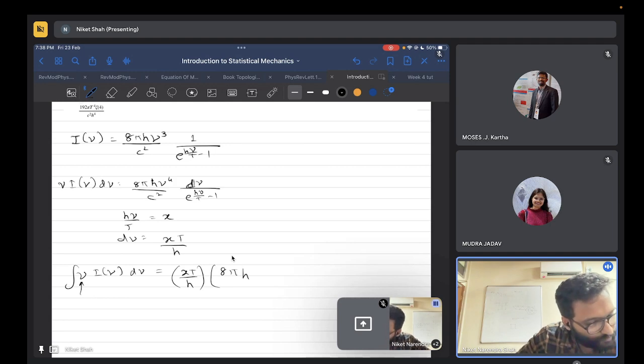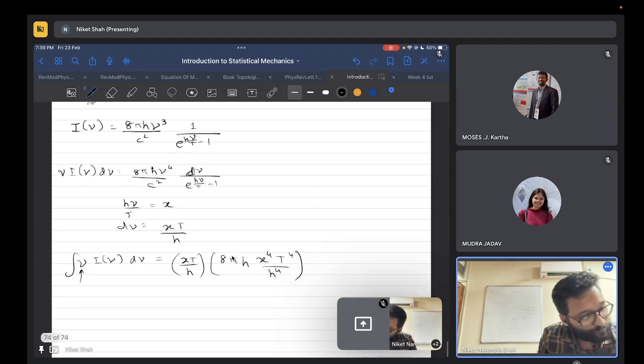So that will give me x4 T4 by h4 divided by c square, of course. And d nu becomes dx T divided by h.